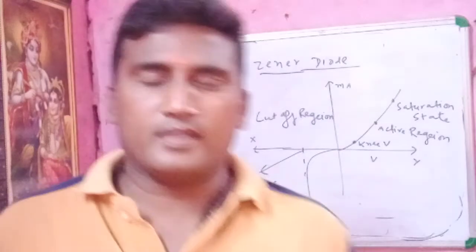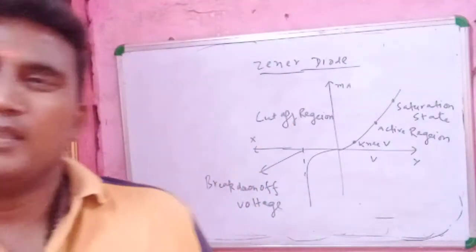It is the general representation of the non-ohmic graph. A Zener diode is a device that functions in reverse bias.